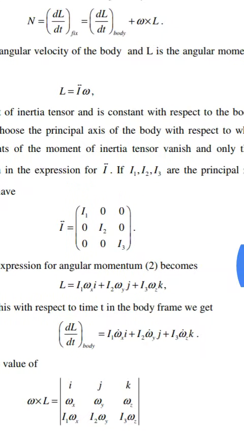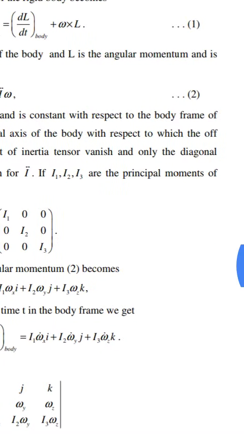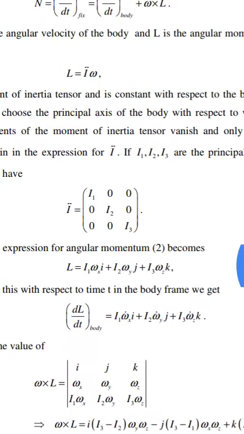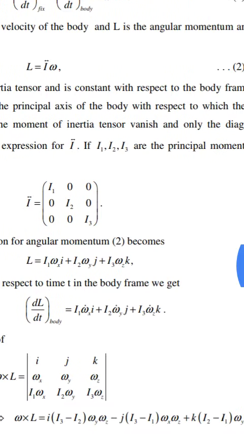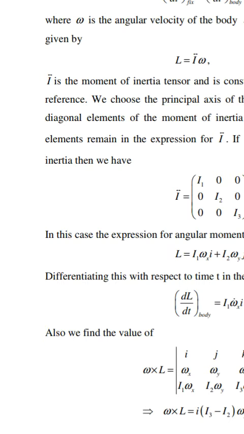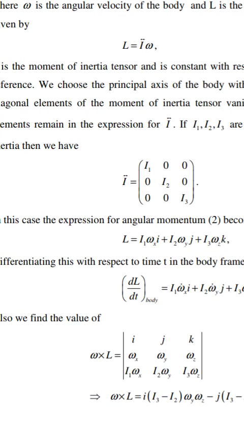We choose the principal axis of the body with respect to which the off diagonal elements of the moment of inertia tensor vanish and only the diagonal elements remain in the expression for I bar.